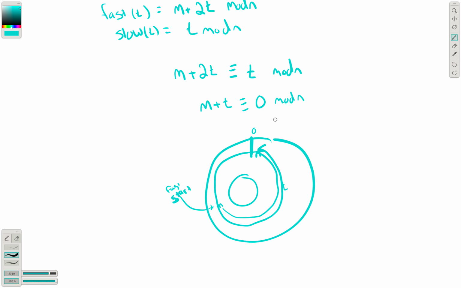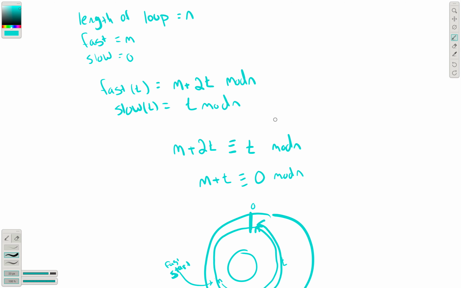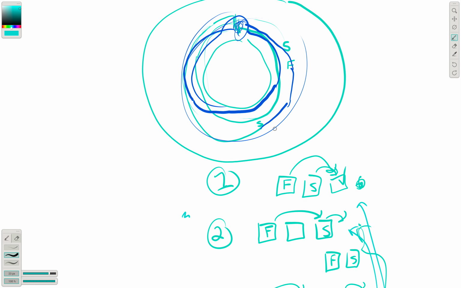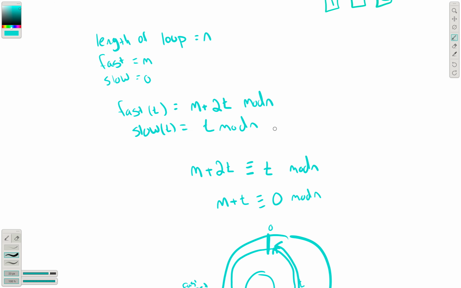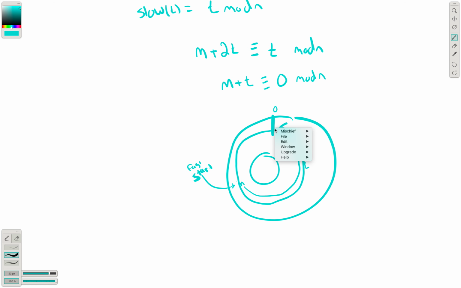Okay, and like I said, the slow one's only gonna go through once, and then the fast is eventually gonna catch up to it wherever it is. Even if m starts off in the worst case up here, it'll just take 2 loops max for the fast, and slow only 1. So that's why it's O(n).